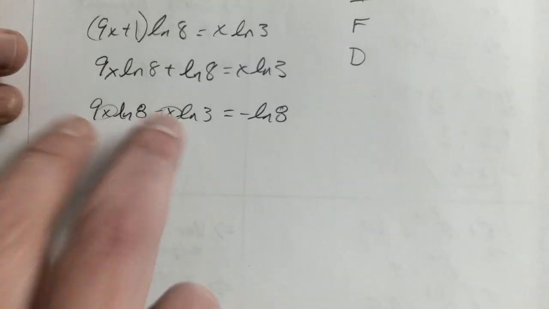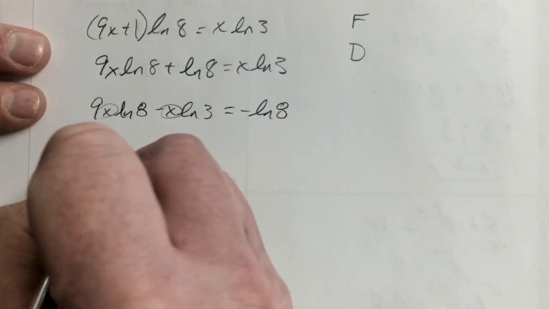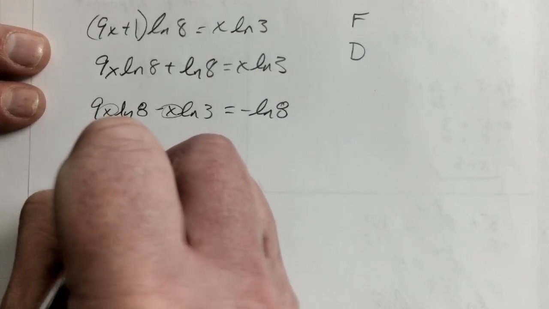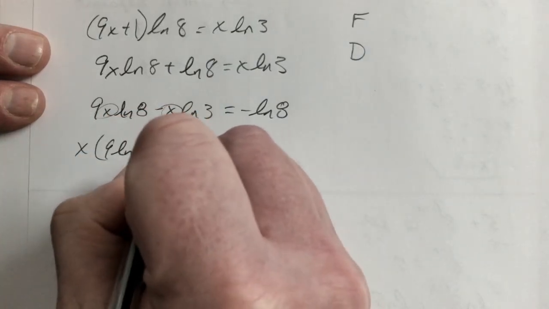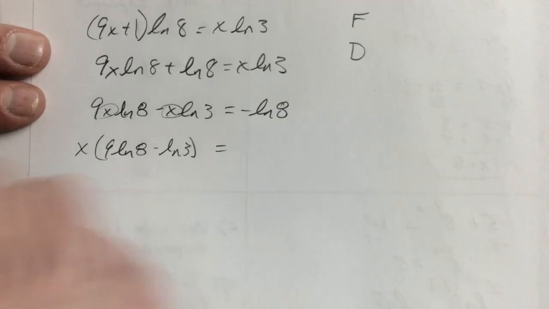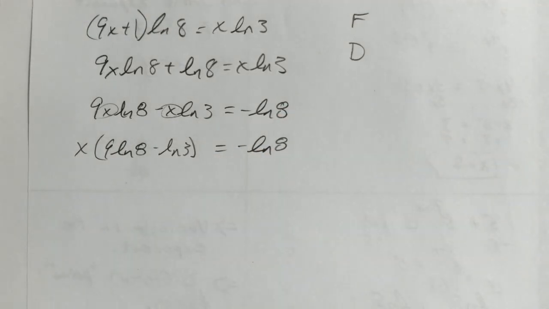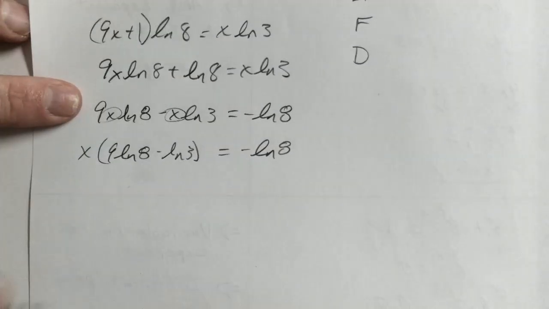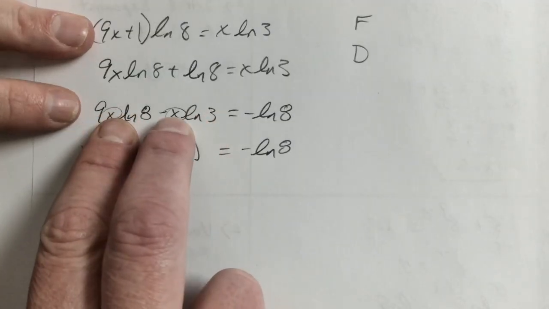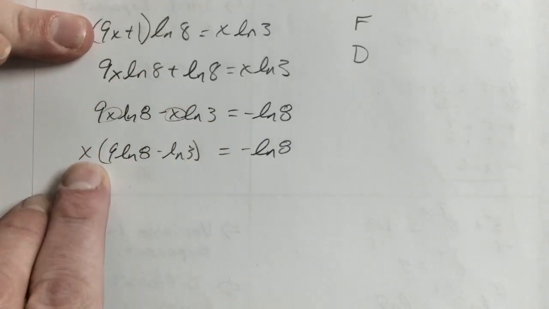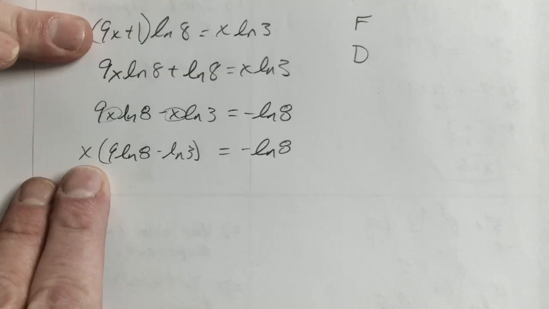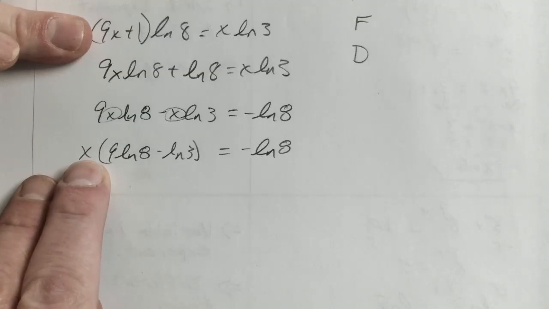And so now I go from 2 x's in my equation to 1 x. x times 9 times the natural log of 8 minus the natural log of 3, and it's all equal to negative natural log of 8. This is how we take 2 terms with x and turn it into one single x, right? Our goal in the end is to have x equals. And now we're one step away.